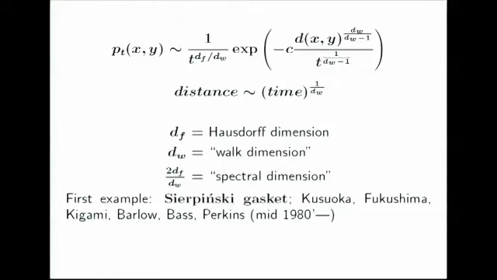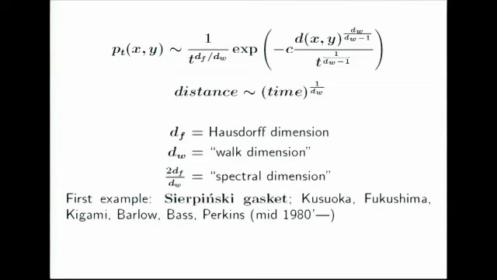And again, walk dimension is certainly not a dimension, and spectral dimension is also not a dimension. These two numbers measure how space is connected. Of course, this first dimension, the Hausdorff dimension, is well defined. This is a classical quantity. But these are two parameters of space which are certainly very important, but they're not dimensions.